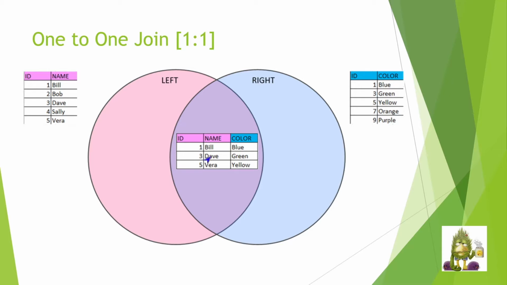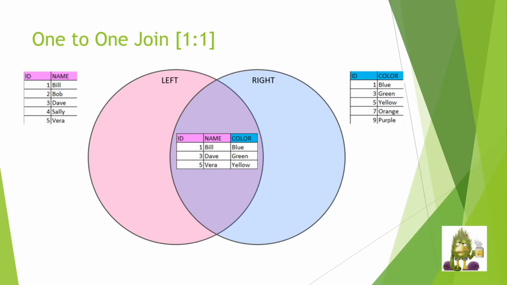In that case, the intersection happens to be these 3 records. For ID 1, we have Bill Blue. For 3, we have Dave Green, and for 5, we have Vera Yellow. You notice that the other mismatched records are not brought out. In other words, Bob and Sally don't have a match in color, so they are not put into this solution set.